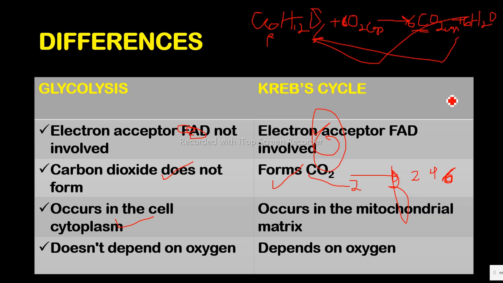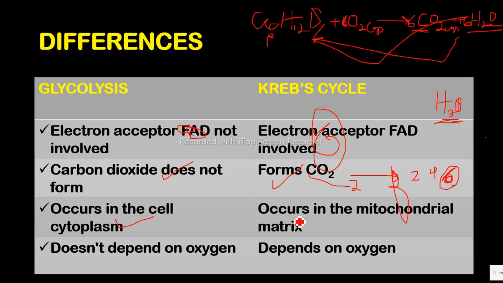So the 6 molecules of carbon dioxide, I hope you can account for them. Also, the 6 molecules of water, we shall account for them when we reach where water is formed. Okay? So you can account for everything as far as this process is concerned.